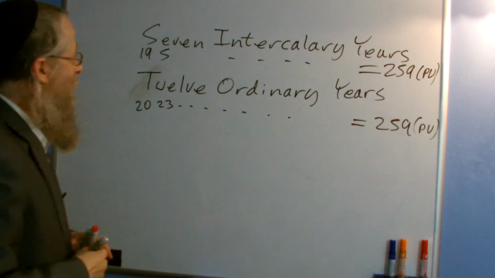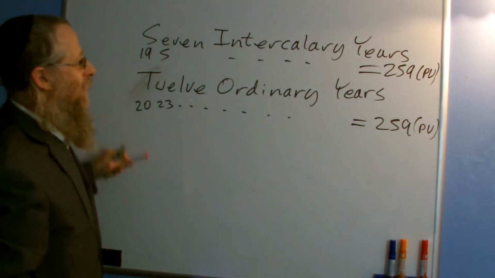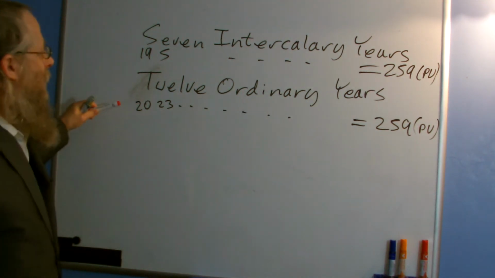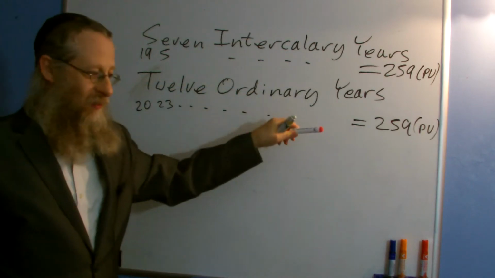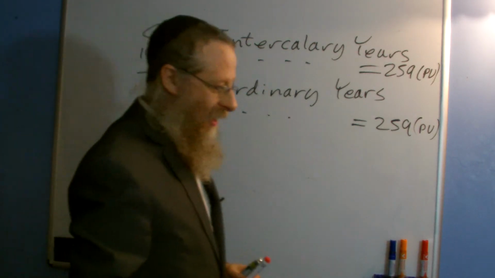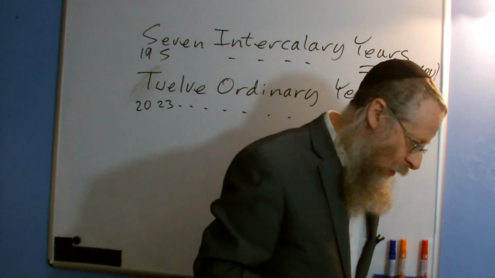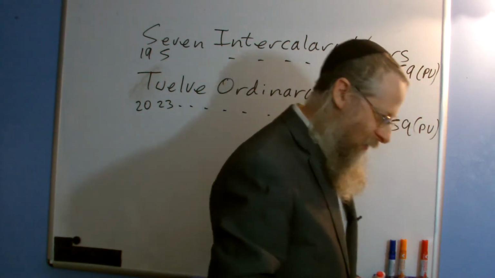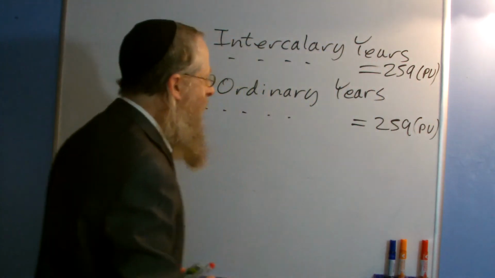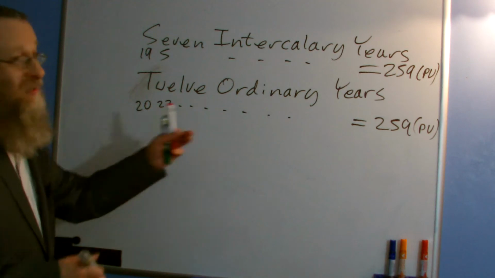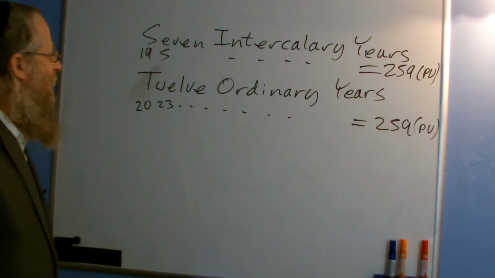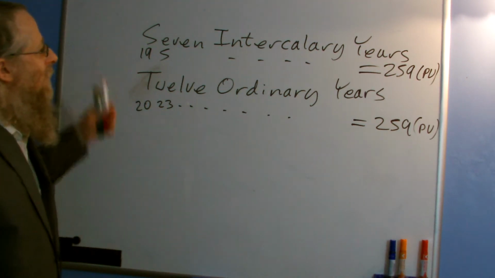So, interestingly enough, we have 7 intercalary years balancing out the 12 ordinary years. Why there is this balance between the two, I'm not sure.